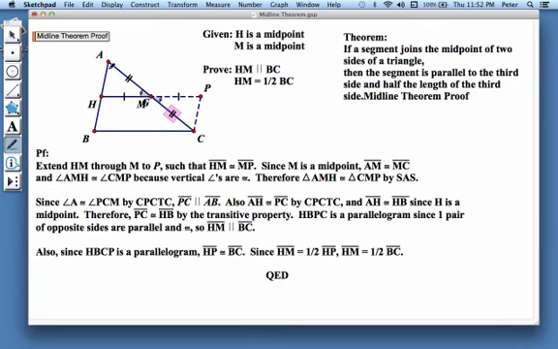So that makes angle A congruent to angle CMP by CPCTC. Since those two angles are alternate interior angles, I know that AB is parallel to PC.